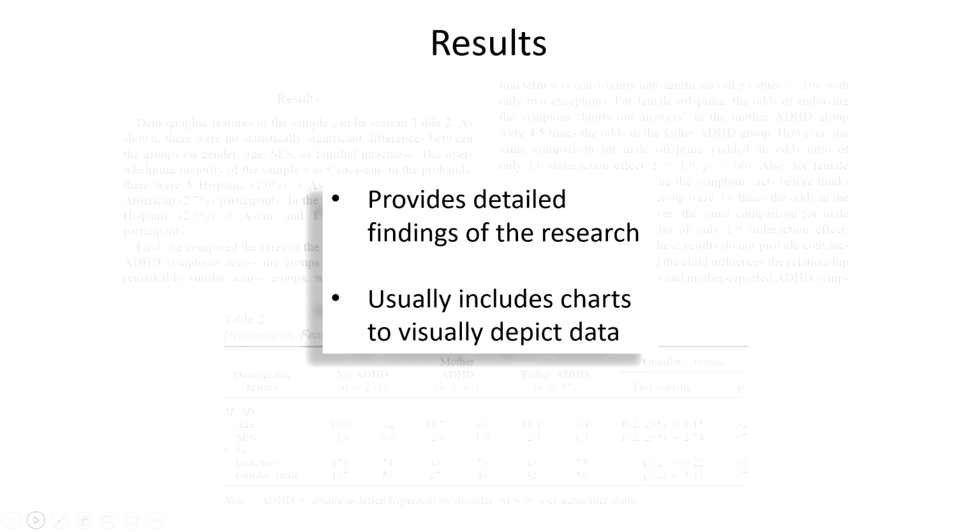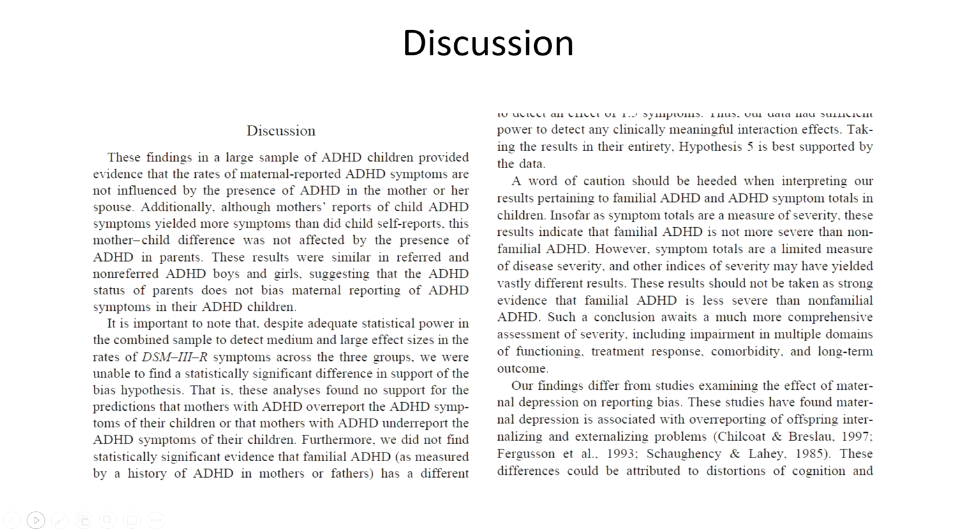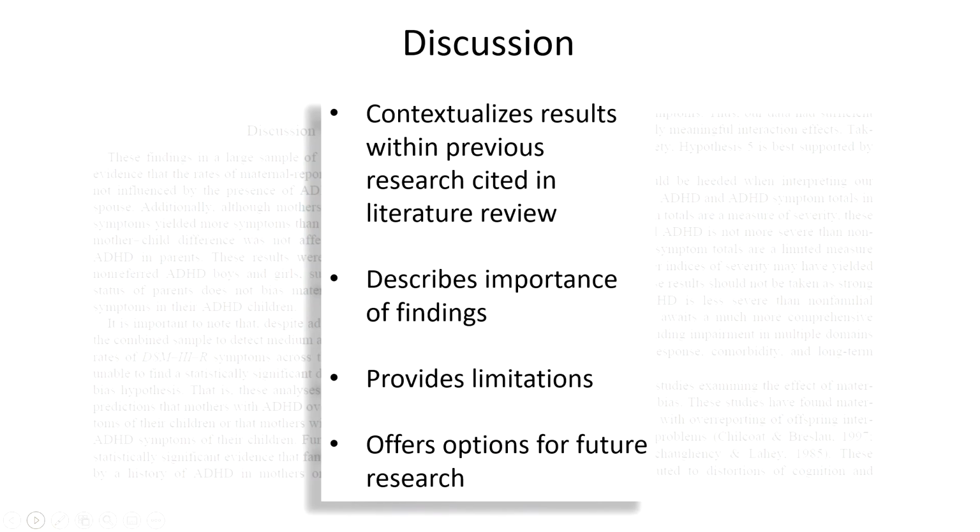The article, though, does not end at the results, because what needs to happen next is a contextualization of those results within the previous literature and to the future of the research that could be done. So that's where we get into the discussion section. The discussion section is usually a bit more conversational than the previous sections, and it, as I said, contextualizes the results.